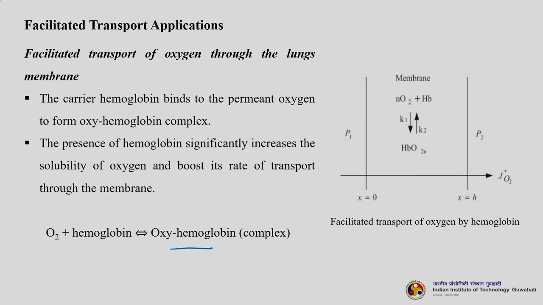So, the presence of hemoglobin significantly increases the solubility of oxygen and boosts its rate of transport through the membrane. Increasing the solubility of oxygen is very important. This is how oxygen is transported inside the cells.